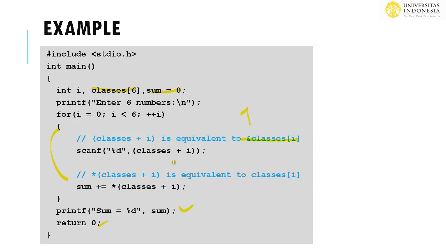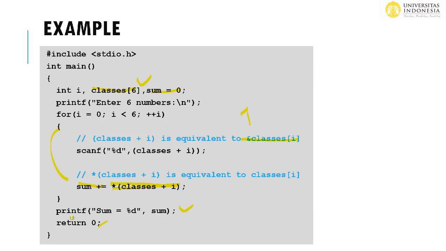Okay, and this operation is looped 6 times, according to the number of elements of classes, and you sum it. Okay, how to sum it? Just sum equals sum plus this quite unique writing.